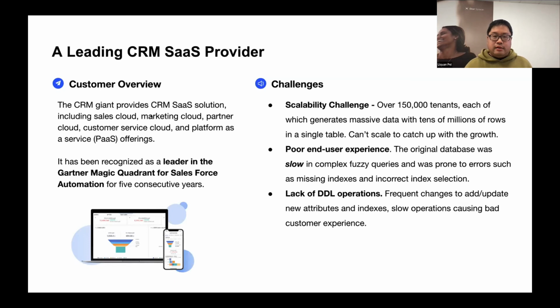And each tenant can have thousands of users using it at the same time. So from the overall system perspective, there can be thousands to tens of thousands, even hundreds of thousands, of QPS, queries per second, on the system.